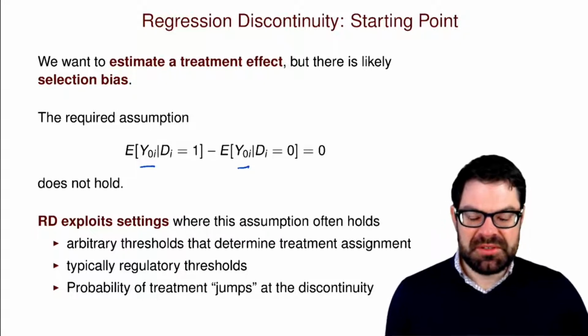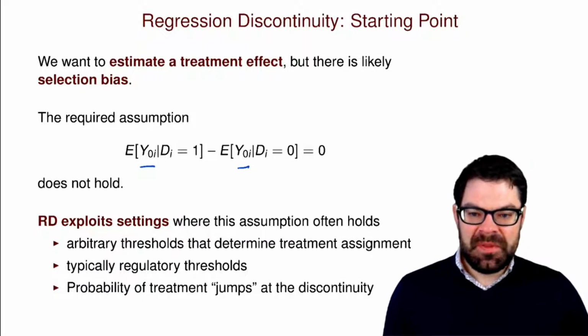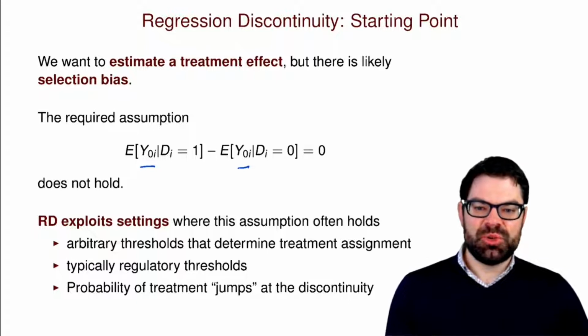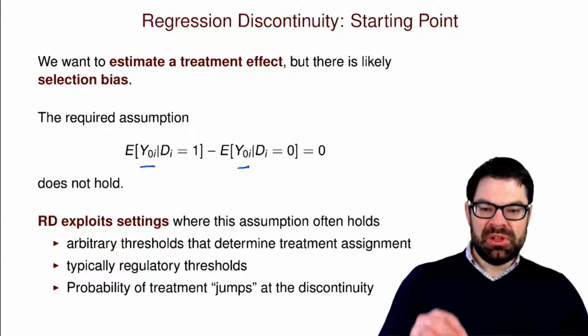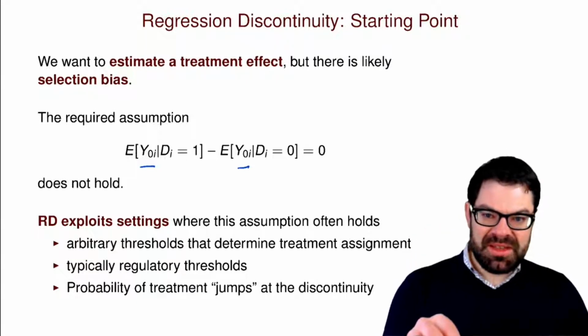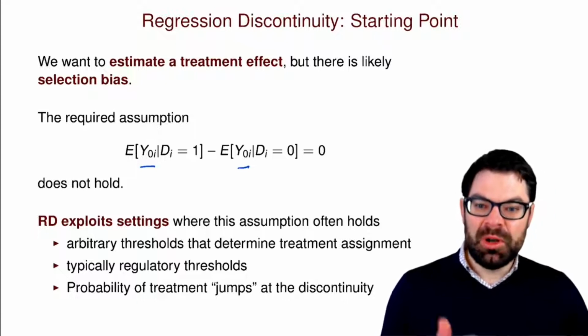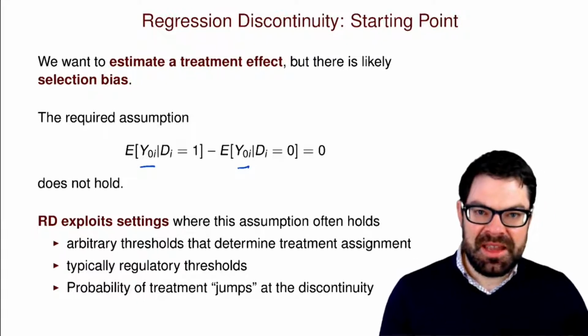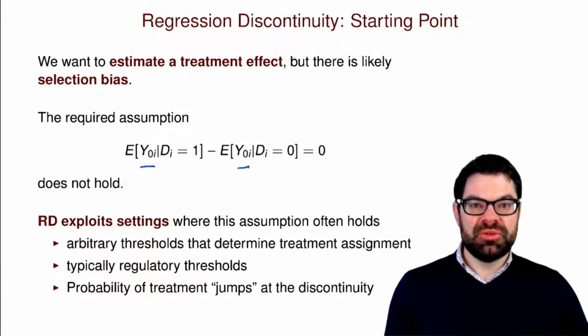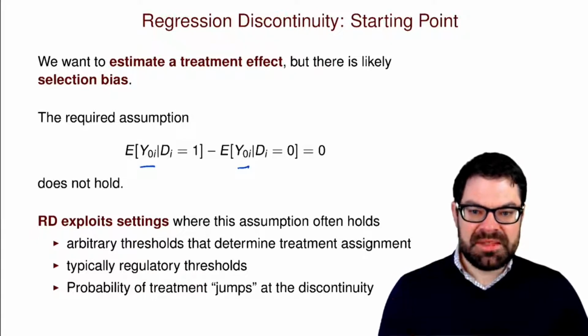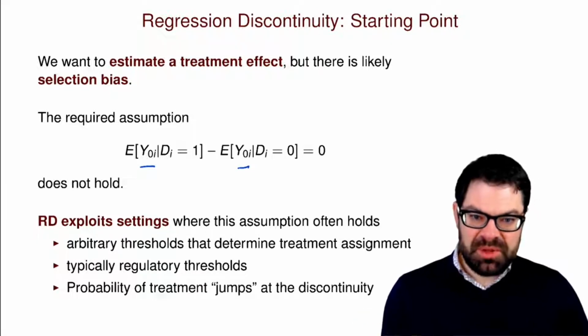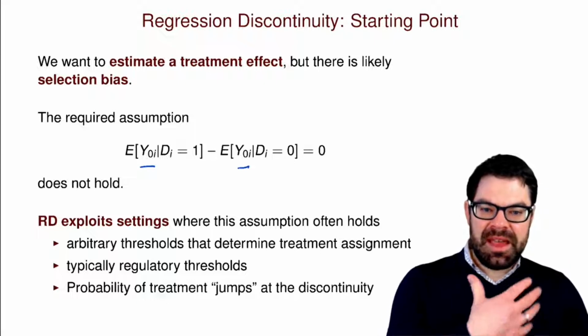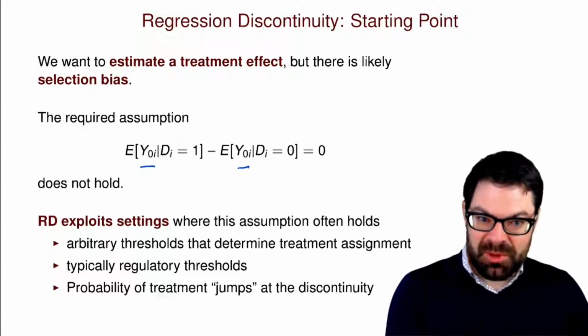Now, what is this first expectation here? This is basically a counterfactual. If those people who took the treatment had not been treated, what would have been their outcome in that case? And that counterfactual in a randomized experiment in expectation should be the same as the outcome of those people who actually weren't treated.